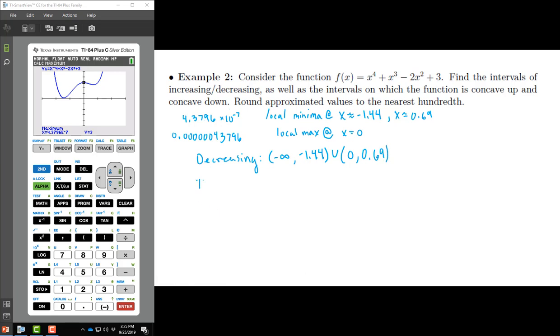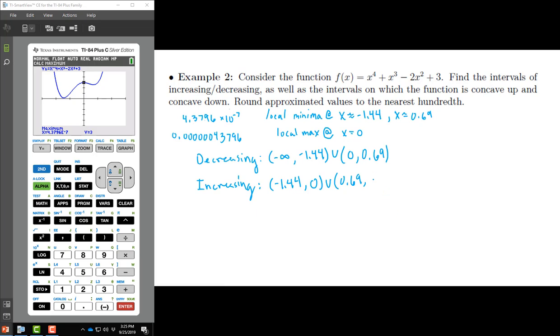And then we're of course increasing on the other intervals. So we're increasing from negative 1.44 up to 0, and then from 0.69 off to infinity. Those are the intervals where we're decreasing and increasing.